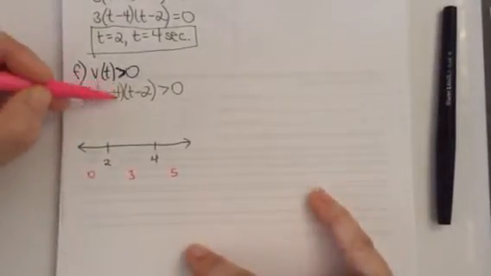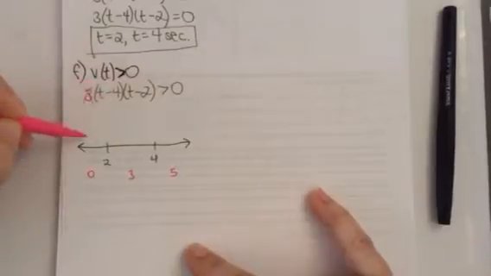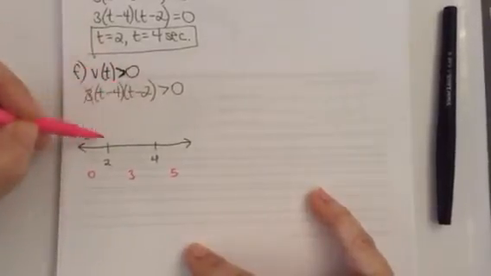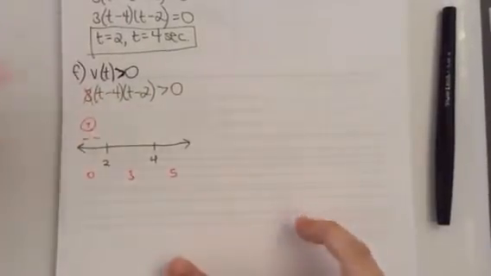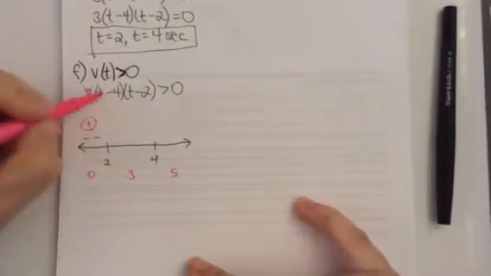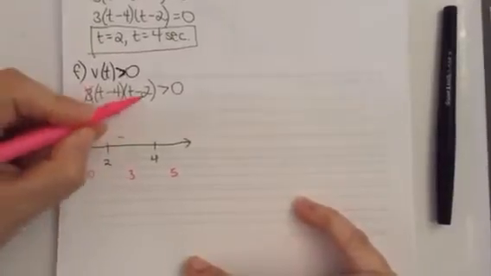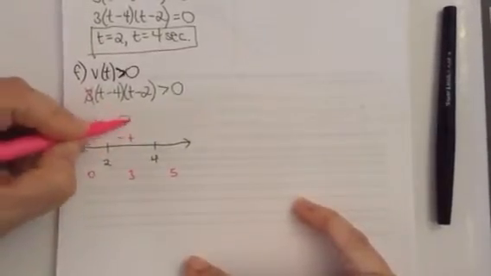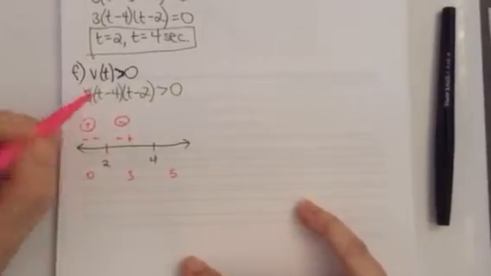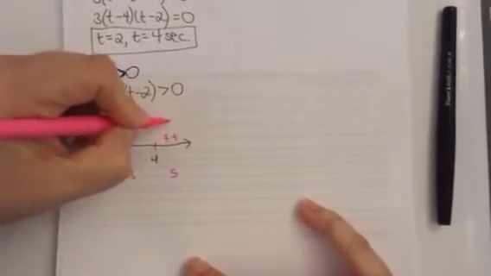If I plug a 0 into this first factor, 0 minus 4, that's negative. 0 minus 2, that's negative, and a negative times a negative is a positive. Going on to the 3, 3 minus 4 is negative, 3 minus 2 is positive, and a negative times a positive is a negative. And the 5 would be a positive times a positive, which is a positive.